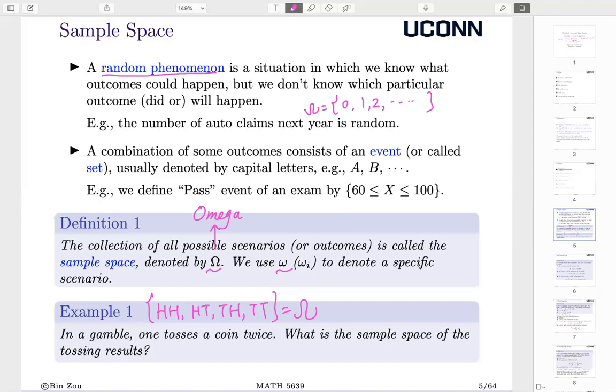Let's say if you look at a particular policy, maybe it's safe to discuss up to 10, because in the US, the coverage of one auto policy is usually for 6 months, and it's probably reasonable to assume that nobody will incur 10 claims within 6 months. But you can put it as large as you want. So basically, the sample space lists all the possible scenarios of the random subject you are trying to study.